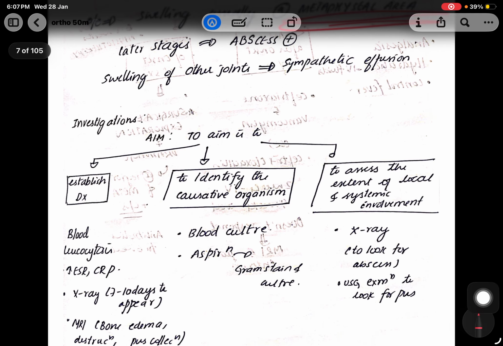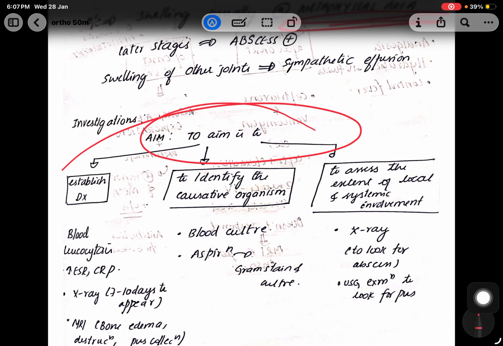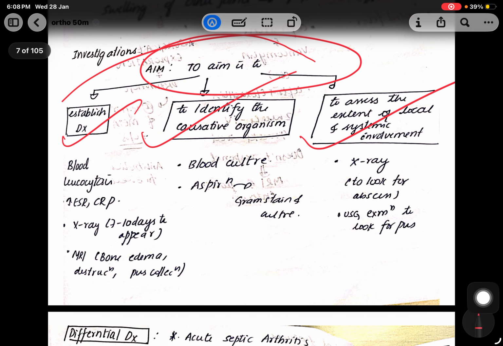Okay, then investigation. Always write it, because we are writing a 10 marker or a 5 marker question, study accordingly. Again, here the aims are to establish diagnosis, to identify the causative organism, and to assess the extent of local and systemic involvement. To establish diagnosis, what protocol will you follow for any infection?